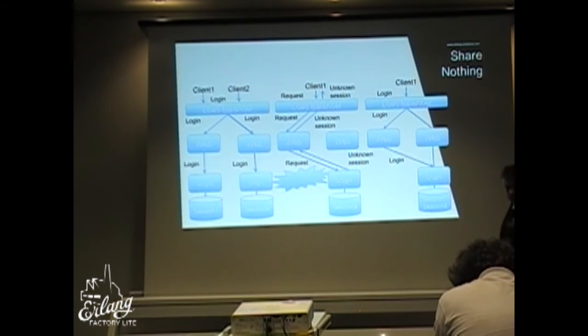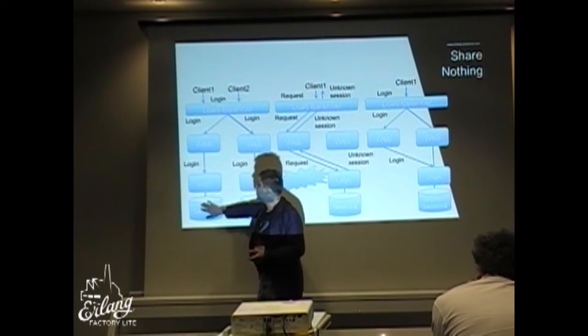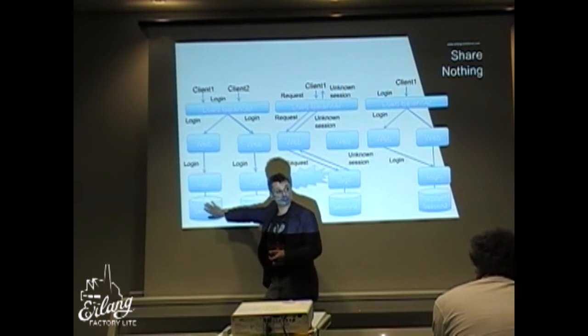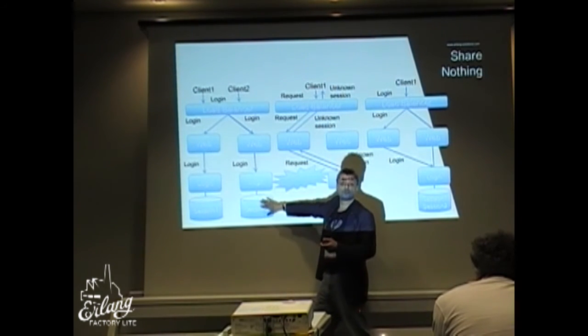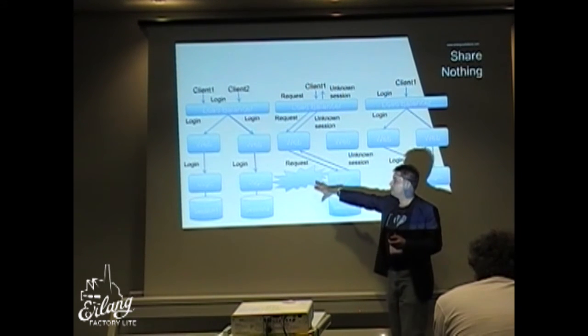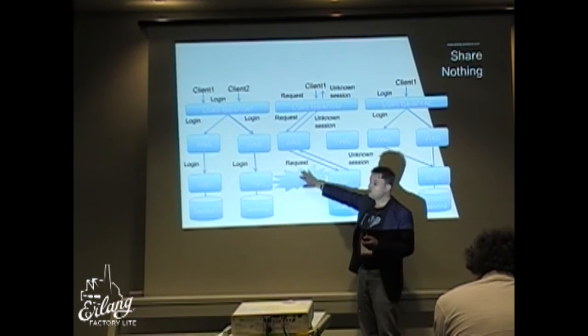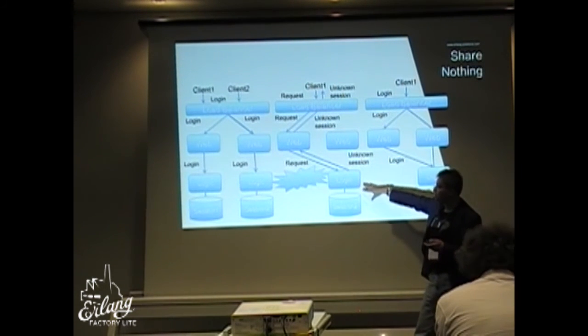So here's an example. We send a login request, and client 1 is logged in and his session is stored here. This is a share nothing approach. Client 2 goes in, logs in, and session 2 is stored here. We lose a backend node, so we lose a logic node and a service node. We go in and we restart.